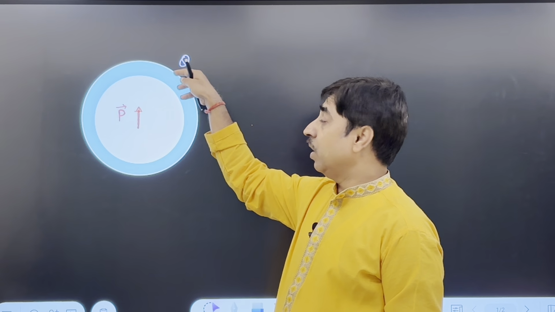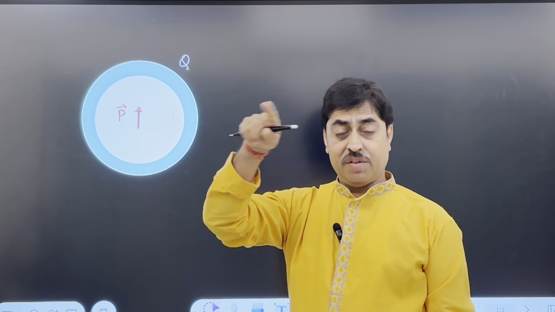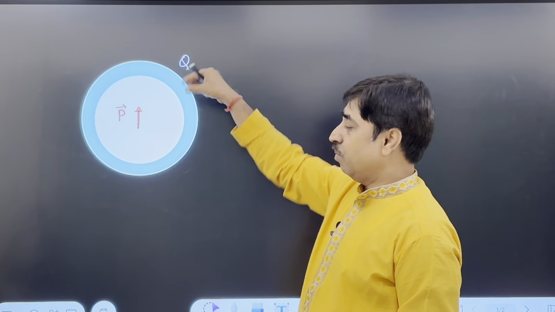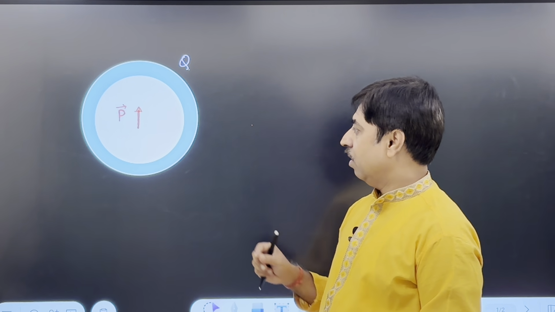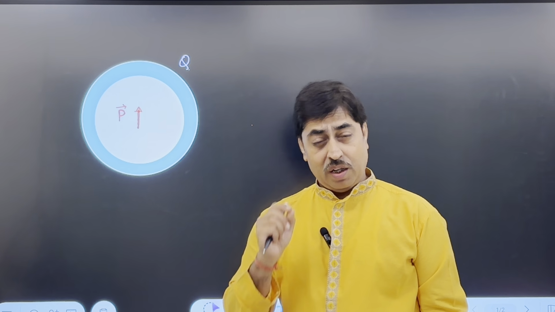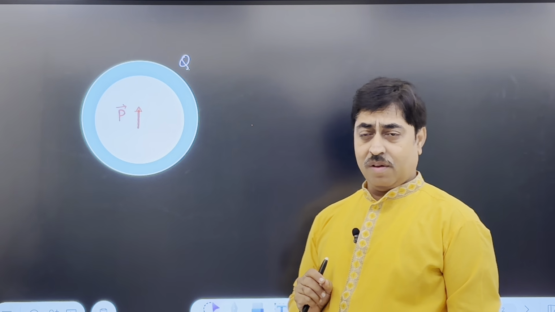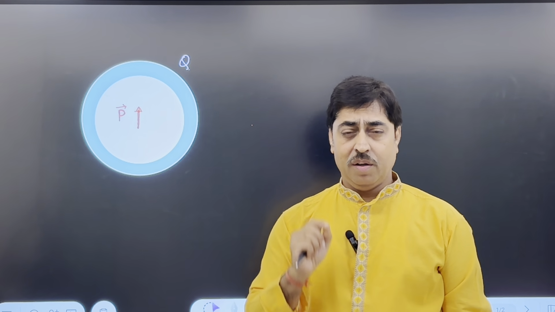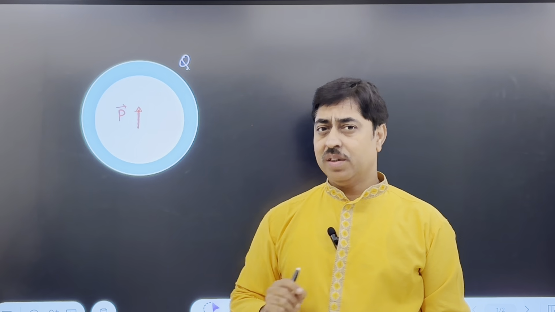And this shell has been given a charge capital Q. From outside, we have placed some charge capital Q on it. And there is a short electric dipole at the center of the shell, represented by its dipole moment vector P placed at the center of the shell.